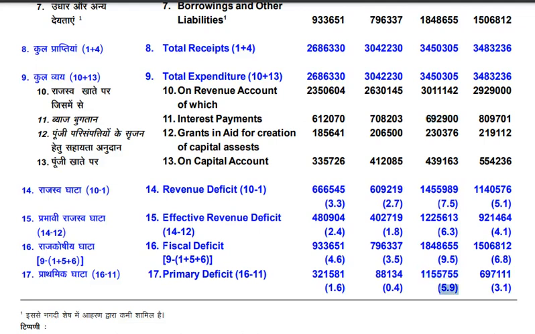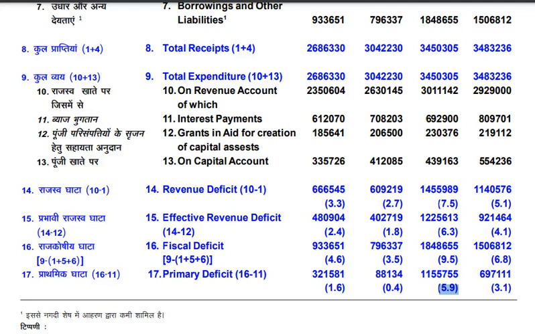So primary deficit is the data which gives us an idea of how much amount the central government has actually borrowed, and from this borrowed money how the government is efficiently utilizing it for capital expenditure.